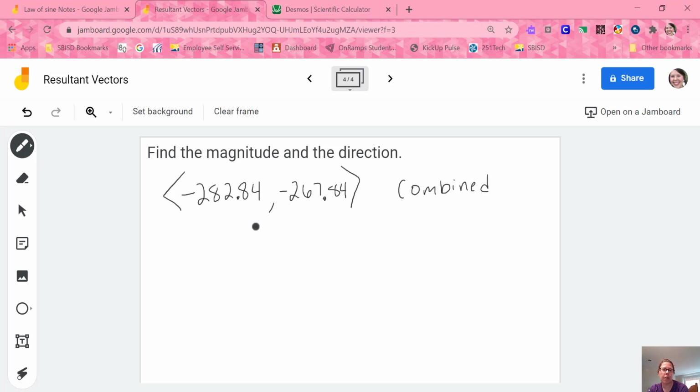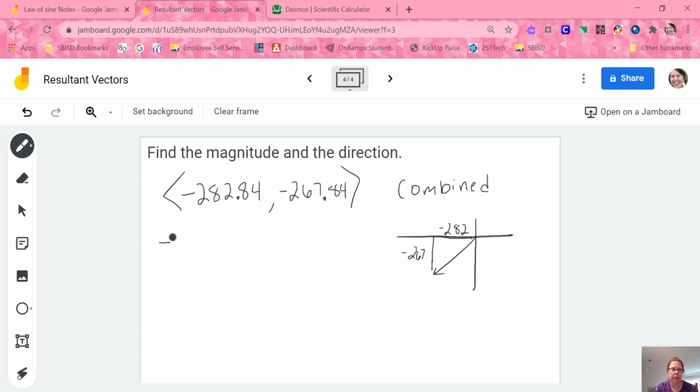Now we're going to find the magnitude and the direction. Remember, here we are in quadrant 3, so this is negative 282 and negative 267, and we're finding the hypotenuse.